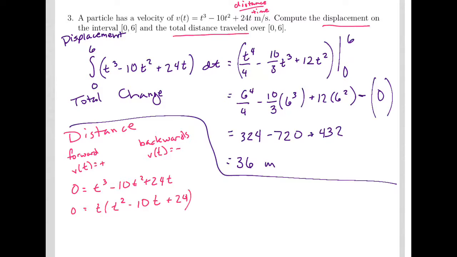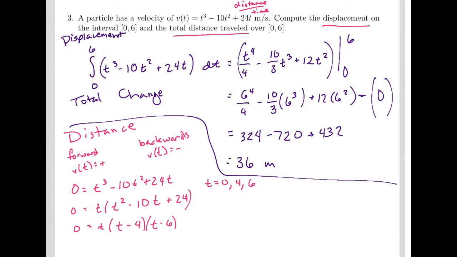And then this should factor into something nice. So it's 0 equals t times t minus 4 times t minus 6, because negative 4 times negative 6 is positive 24. So we get that the three places where we potentially change direction is at t equals 0, t equals 4, and t equals 6.